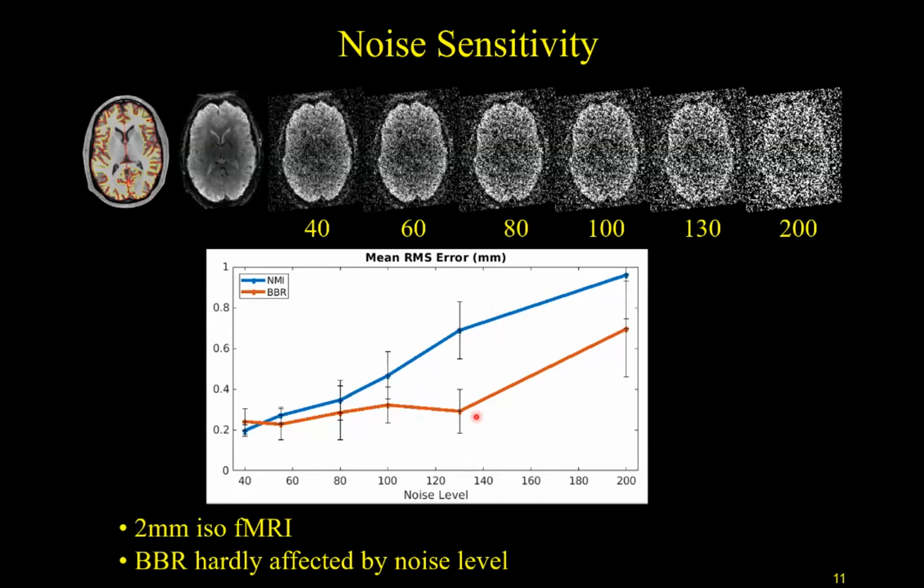However, with BBR, over this wide range up until this 130 value there, it's almost constant at about 0.2 millimeters, and then it starts to go up when you get to these extreme noise levels. And so this is the difference between these two, because of the sharpness of this peak that I was just describing.